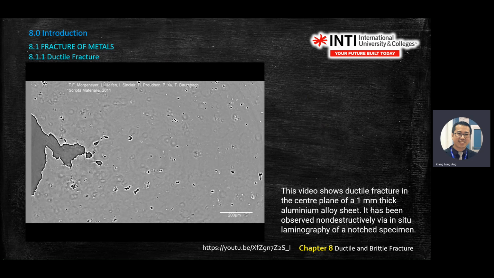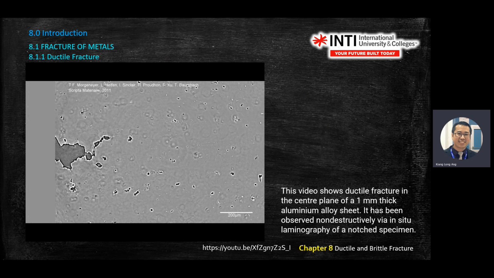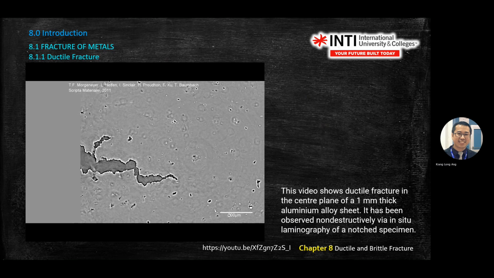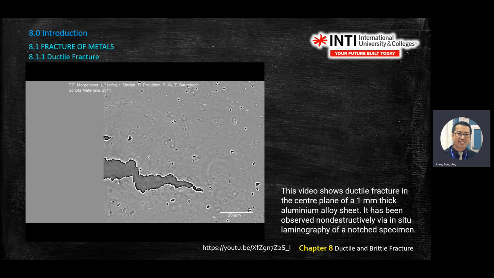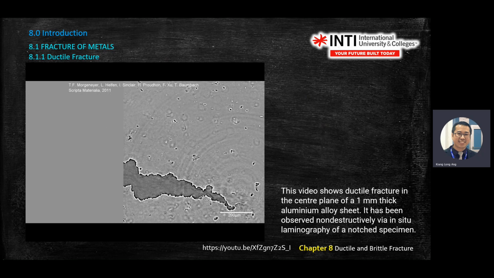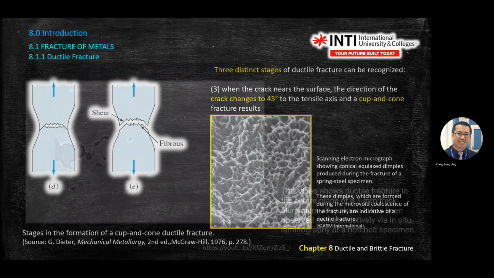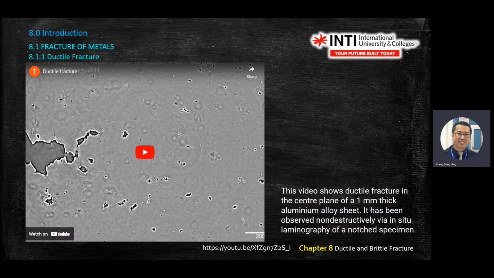See this crack, it starts to go this way. And by observing the crack direction, you know how the sample is being pulled. The crack was moving from here to here, so the force is perpendicular to the direction of the crack.